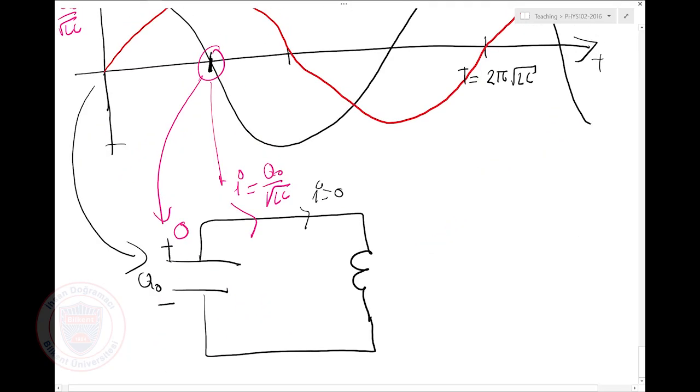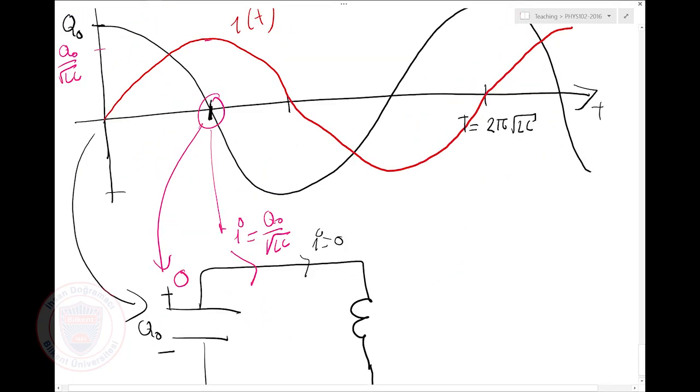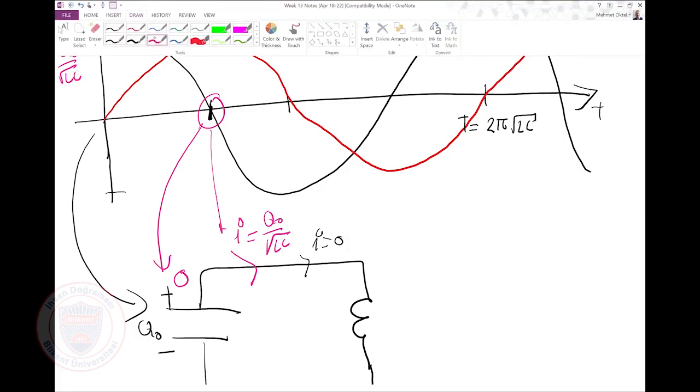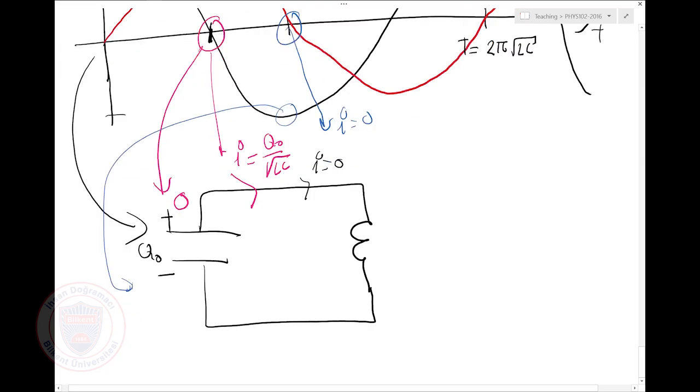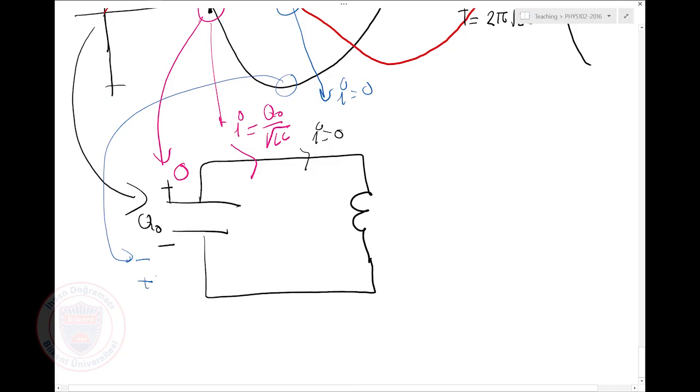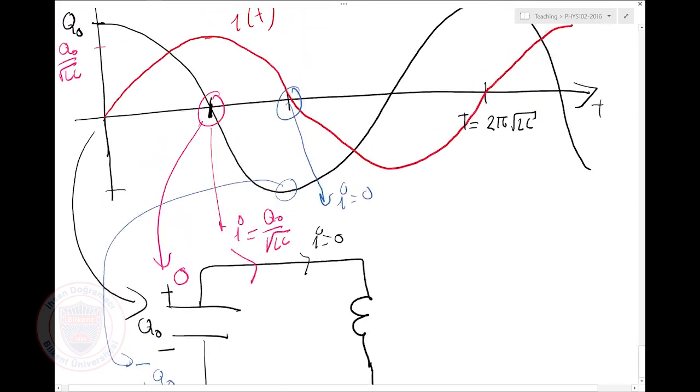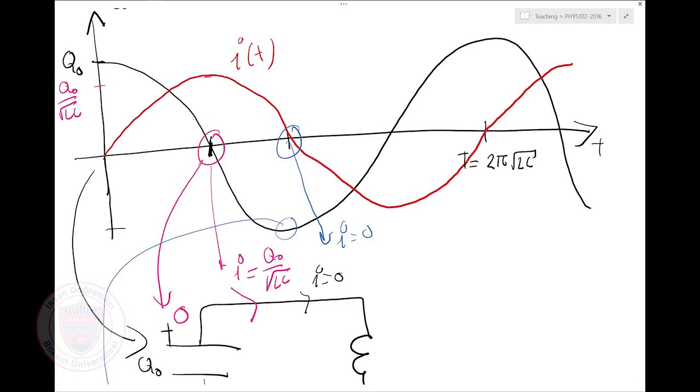Now, what happens in the next point? Here, again current is 0, but charge is minus Q0. So the polarity of the capacitor has reversed. And then I wait for some more time.